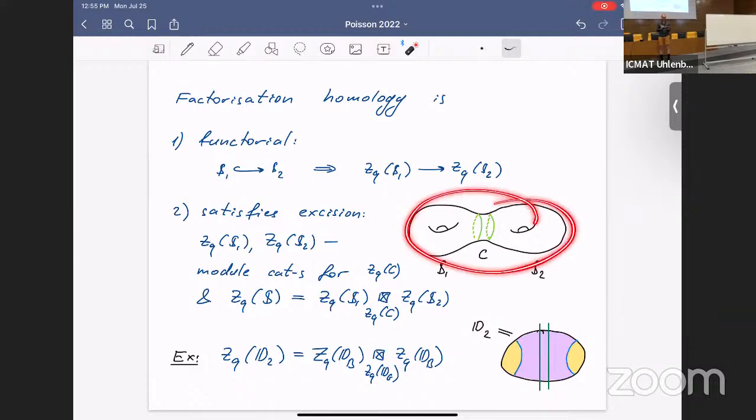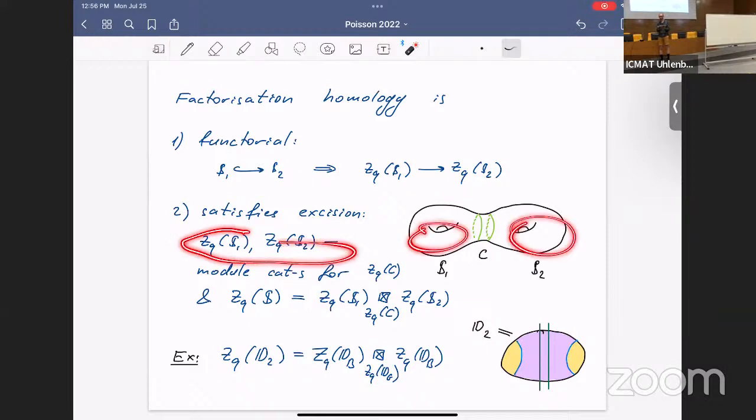If you take your surface S and you cut it into two surfaces S1 and S2 that cross over some collar over here, so it's a cylinder, then first of all, the categories assigned to the left piece and the right piece of your surface are module categories for the category over that cylinder, right?